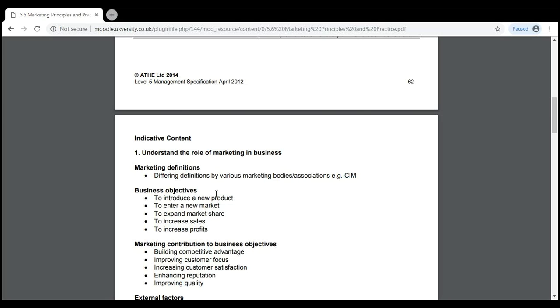Business objective: what is meant by objective? Objective means the end result, what we really want to achieve. Some companies may want to expand their market, maximize their profit, or increase their sales. Every business has a different objective.